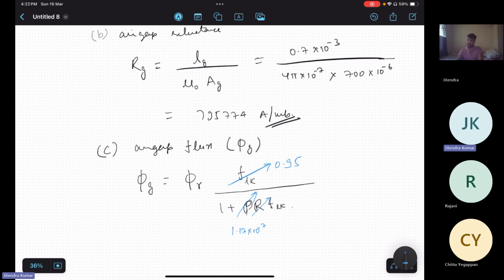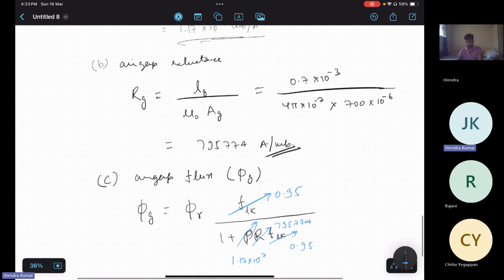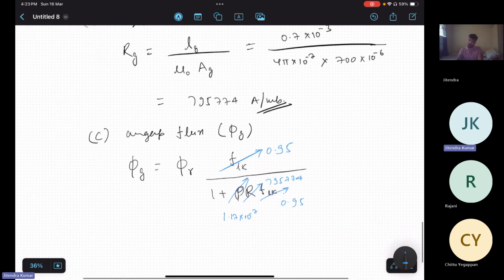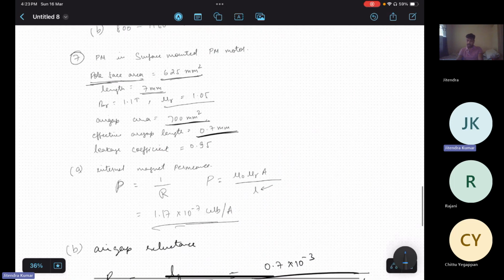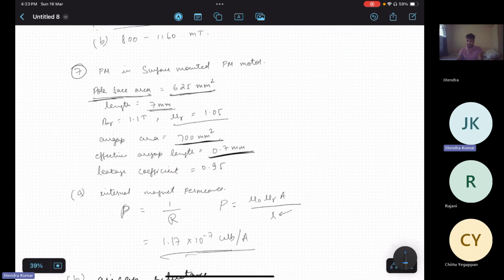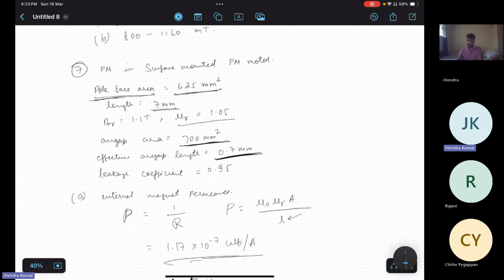Reluctance we also calculated as 795,774. If leakage factor is 0.95, what is the value of phi r here? Phi r, I don't think, is mentioned in the problem directly. You have to calculate.